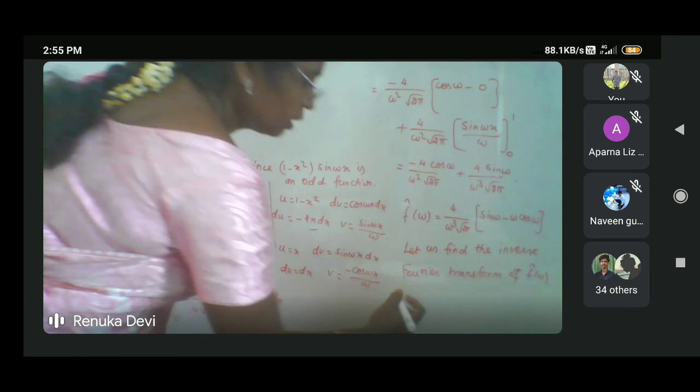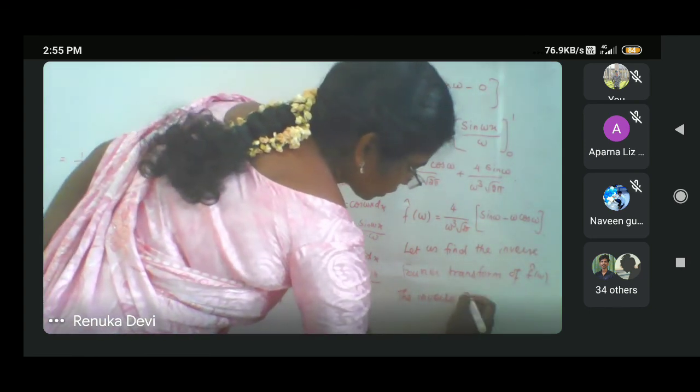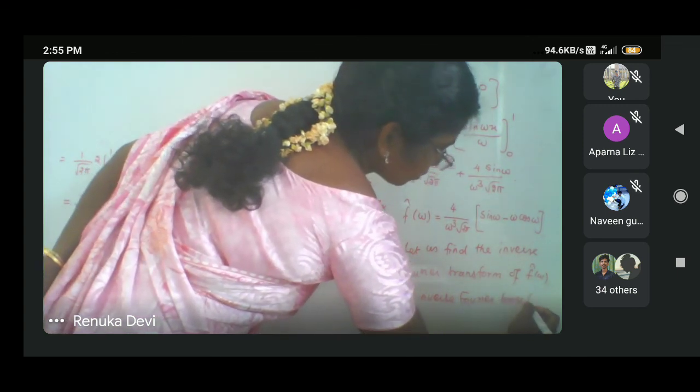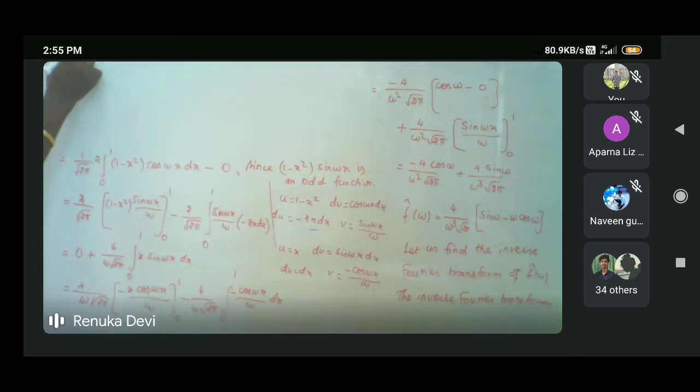So here the inverse Fourier transform of F cap of W is given by, write the formula.